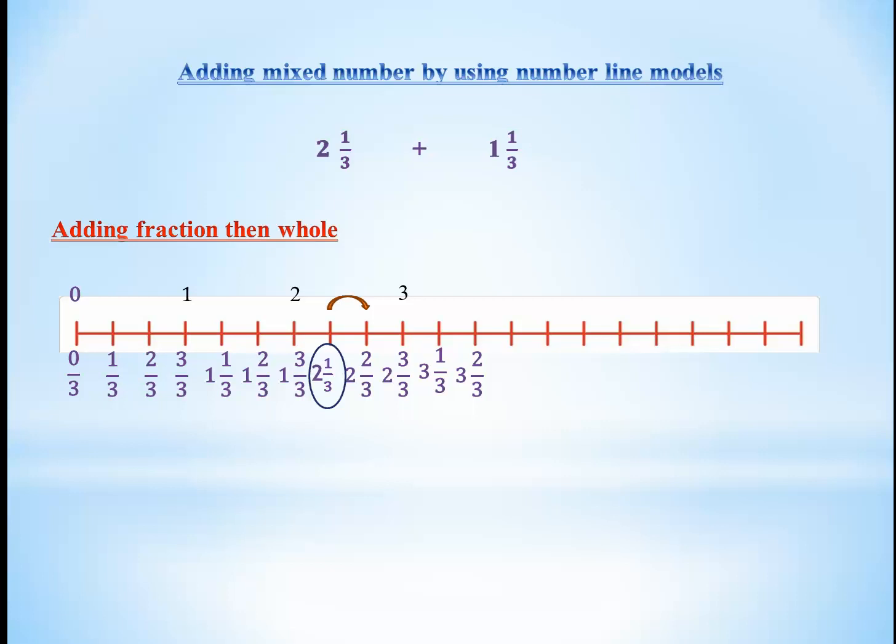It will be 2 and 2/3, right? Then add the whole. How many wholes do we have? Yes, 1. We already know that 1 equals 3 steps. Let's move 3 steps. 1, 2, 3. It will be 3 and 2/3. Okay.